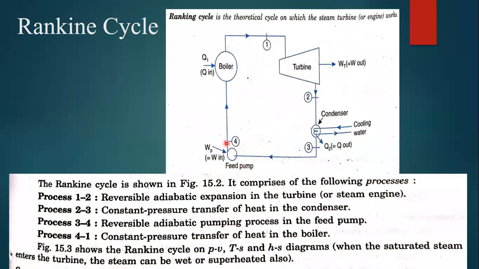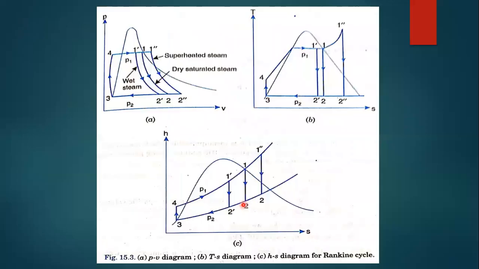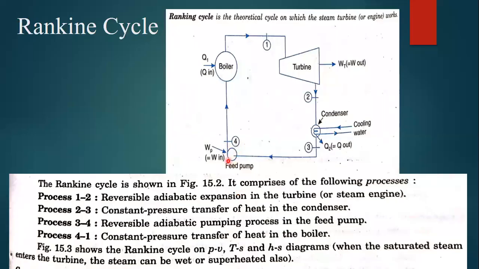If we apply the steady flow energy equation for the feed pump, the process is going to be between 3 and 4. So what is the input here? Since we are going to give some work input, the work input has to be taken on the LHS, right? So this is the input, and this HF3 is also an input. So HF3 plus pump work is equal to HF4.